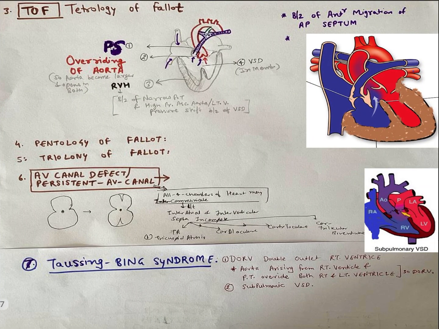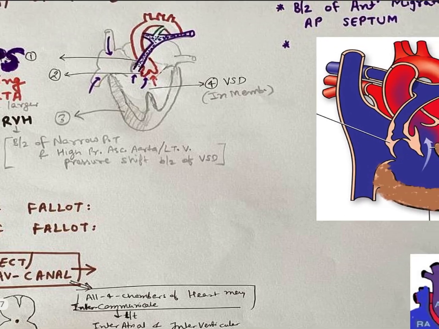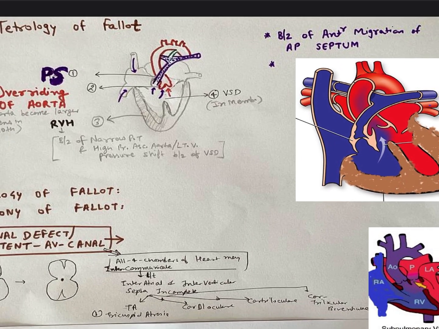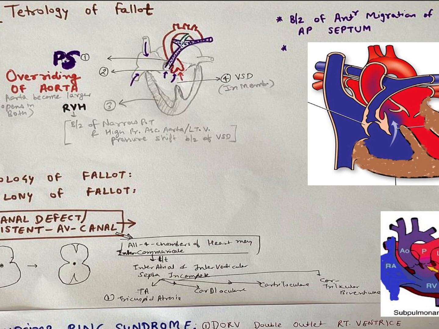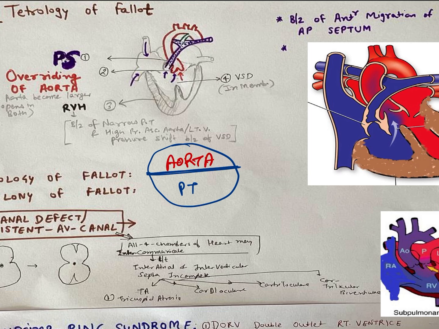Another pathology is known as TOF. What is this? This is tetralogy of Fallot. What happens during aorticopulmonary septum development? It develops in the mid, spiraling is done in the mid, and anteriorly it is the pulmonary trunk and posteriorly is the aorta. But if for some reason this aorticopulmonary septum shifts anteriorly, then what happens?